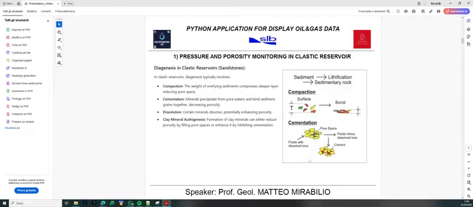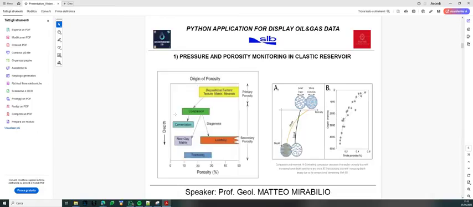Pressure and porosity monitoring in clastic reservoir: compaction, cementation, dissolution, and certain minerals can create porosity change, for example in sandstone reservoir. These are the principal phenomena and physical processes that can change the porosity along the life of the reservoir.